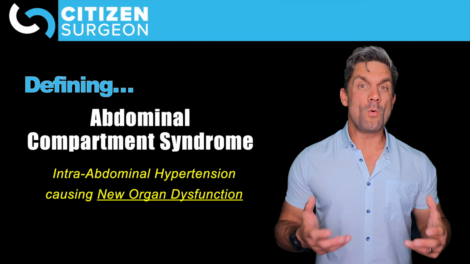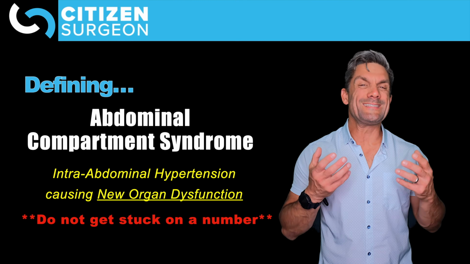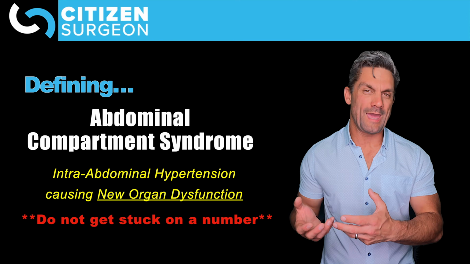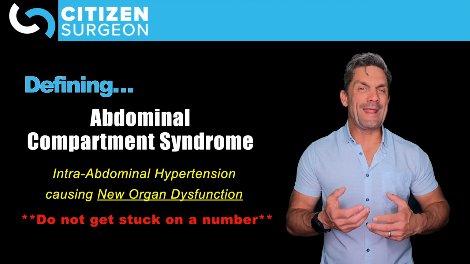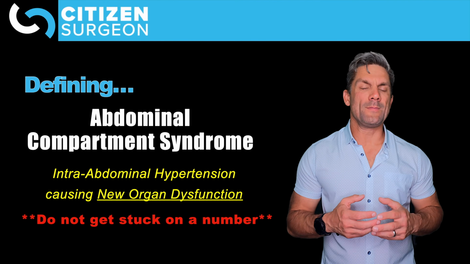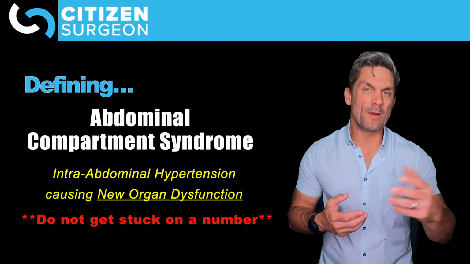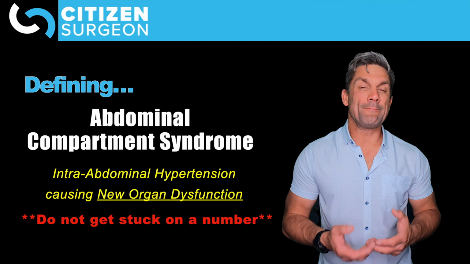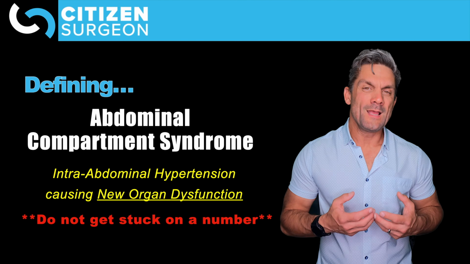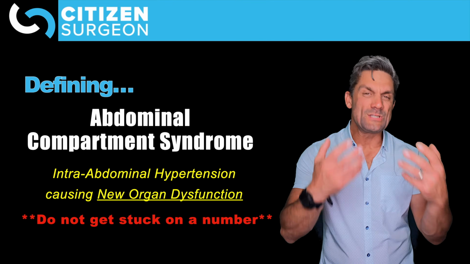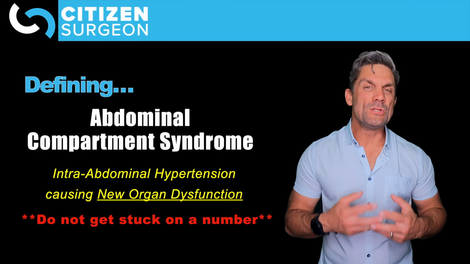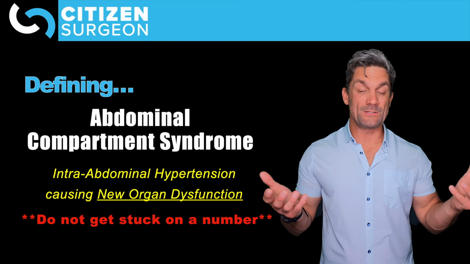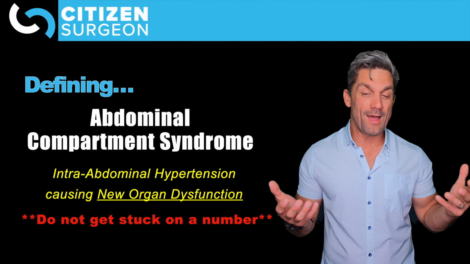Now, what I don't want you to do is get stuck on a number, okay? So we used to hear that anything above 25 millimeters mercury is abdominal compartment syndrome, but you can have abdominal compartment syndrome at pressures much lower than that. So if we're monitoring, and I'm going to teach you what we do to monitor, you don't want to say, oh, well, it's not 25 yet, we don't need to do a laparotomy.